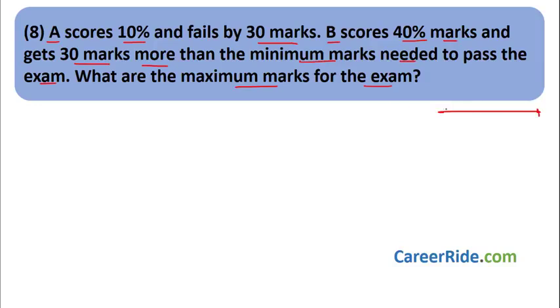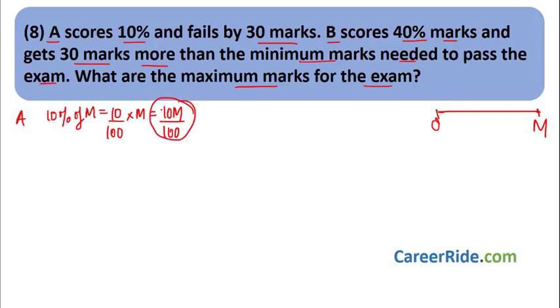So let us say if this is the exam and maximum marks are these, this is 0 and these are maximum marks. How much does A get? A scores 10%, that means A gets 10% of maximum marks, that is nothing but 10 upon 100 multiplied by M, that is 10M upon 100.